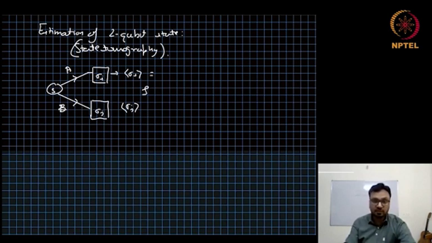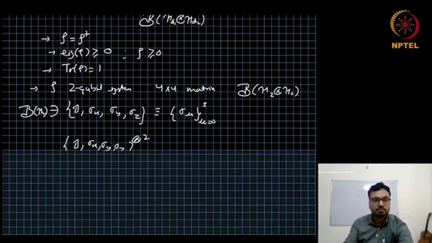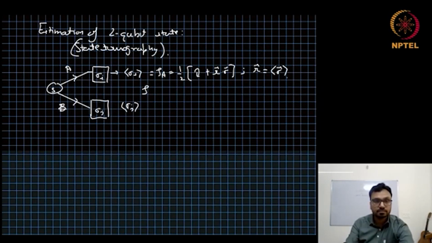One way is, on the subsystem A, we get the density matrix rho_A, which is half of identity plus R dot sigma, where the R vector is the expectation value of the sigma vector. Similarly, we have rho_B, which is half of identity plus S dot sigma, where the S vector is the expectation value of sigma in the B subsystem.